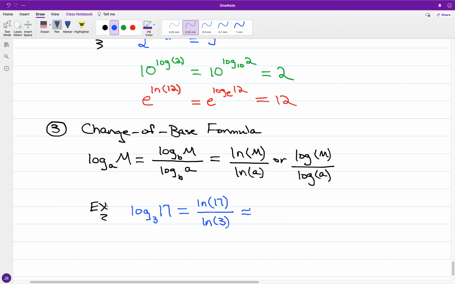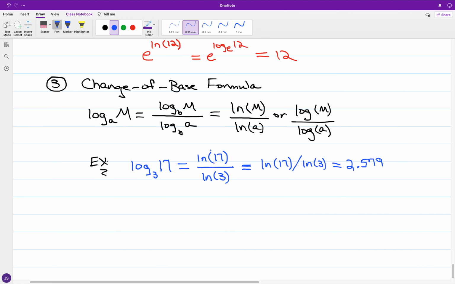In your calculator, you have ln 17, divided by ln of 3, and the display is going to be around 2.579. And if I use the base 10 logarithm here, log 17 over log of 3, I'm still going to come out to the same value.